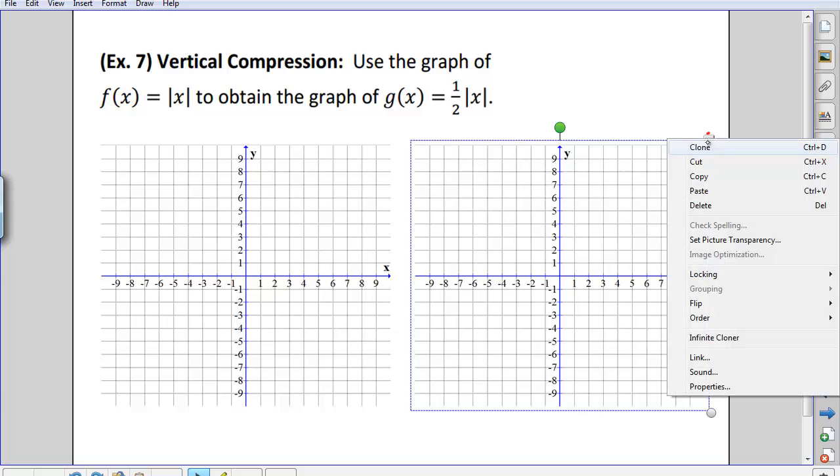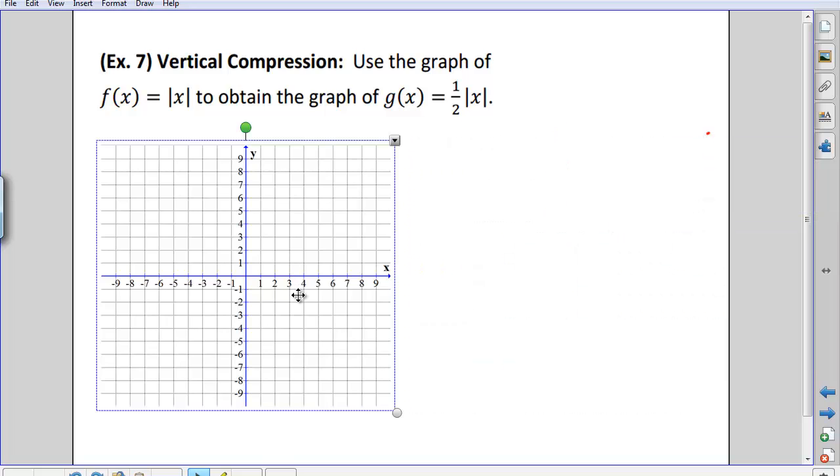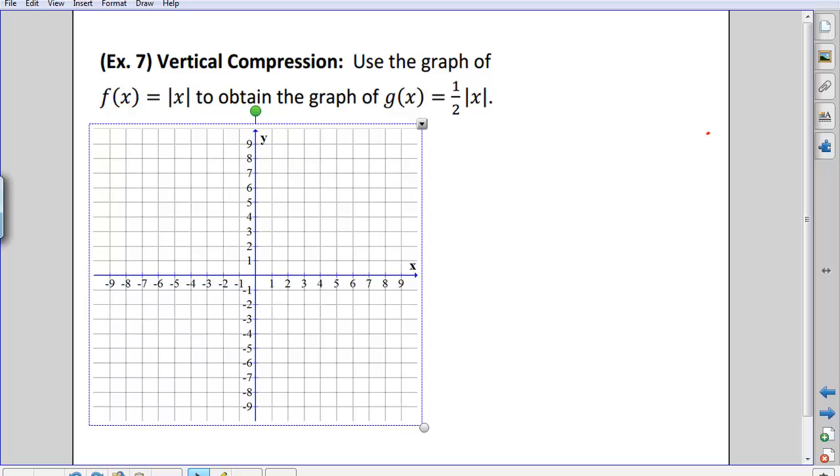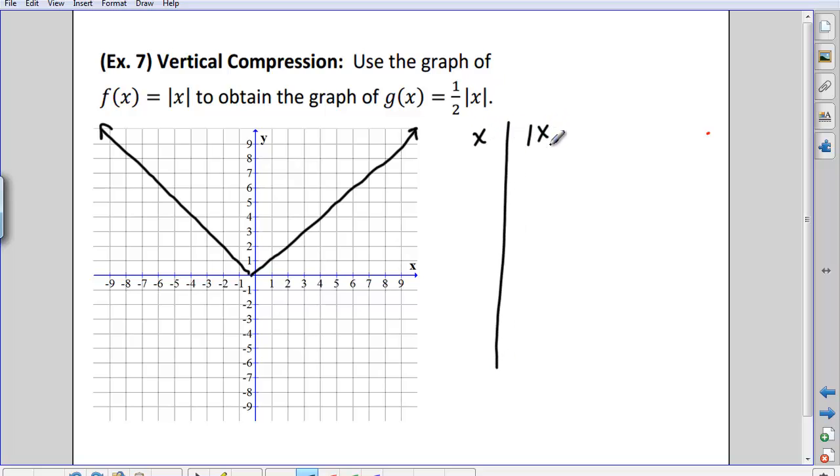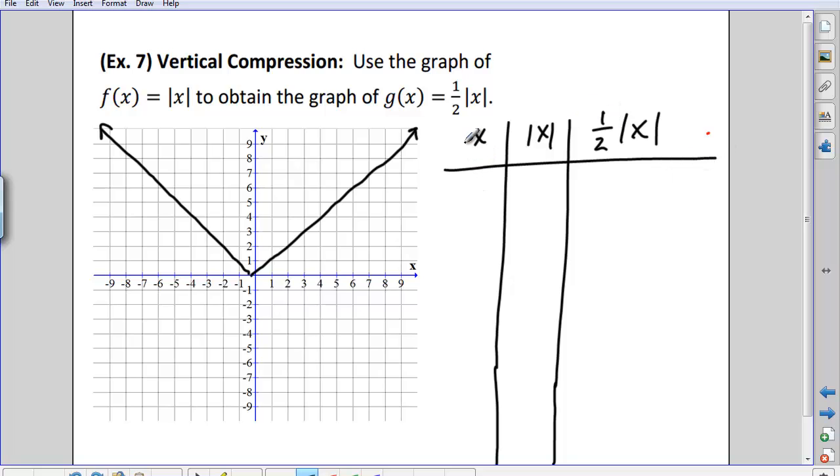And let's do the same thing, only looking at 1/2 absolute value of x. So again, our absolute value function, we can just quickly draw that out here. And what I'm going to do is, since I'm going to cut this in half, I'm going to choose some even values here.